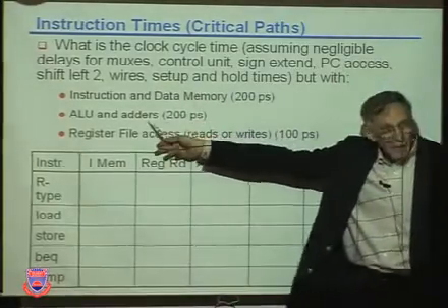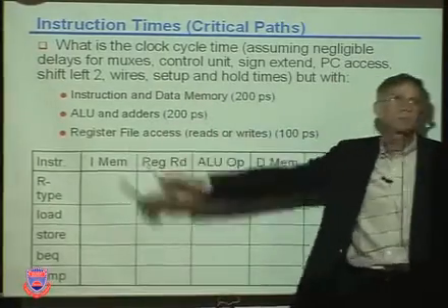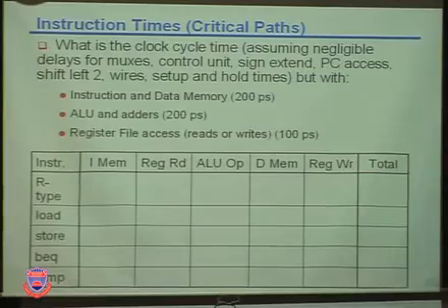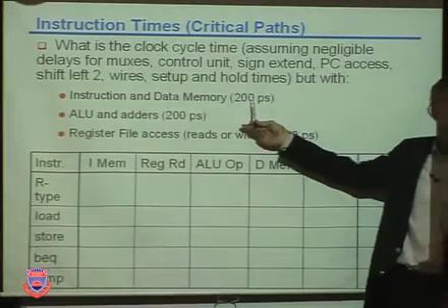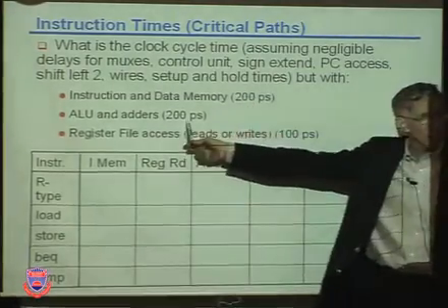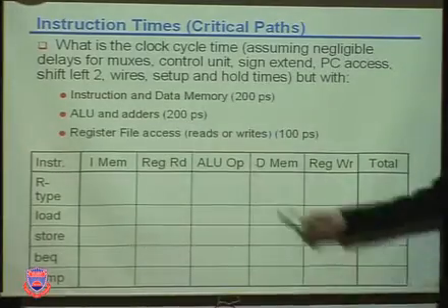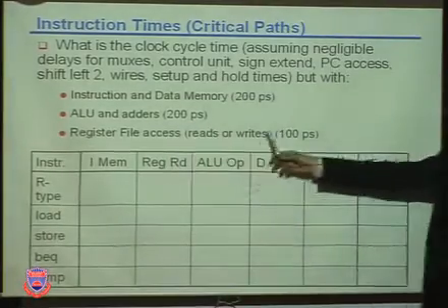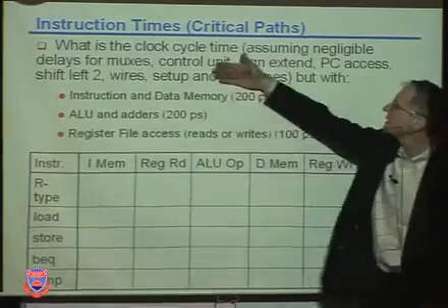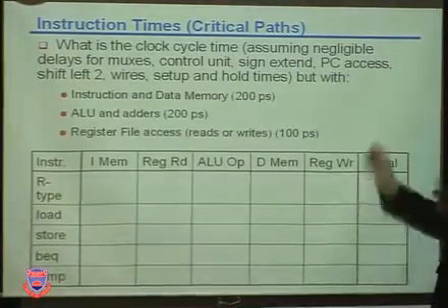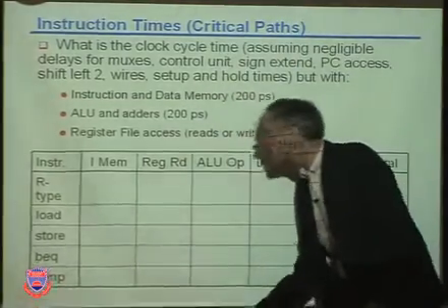We don't assume that the ALU and adders are negligible. We don't assume that the register file is negligible. We have timings on those. Let the instruction and data memory access times take 200 picoseconds. Let the ALU and adders take 200 picoseconds. Let our register file access, whether it's a read or a write, take 100 picoseconds. Okay? So we're going to use these times and let the rest be ignored, because they're small, and this makes the calculation a little more complicated.